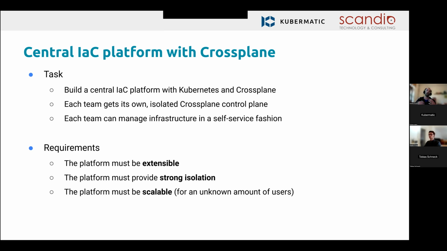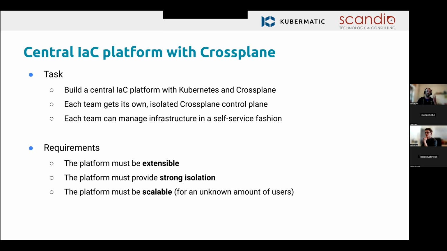We can define our own custom APIs. We can use compositions to create a bundle of managed resources. So you would think, okay, building a central platform would be quite easy. We just install Crossplane in some Kubernetes cluster, we write our XRDs and compositions, and we are done, right?